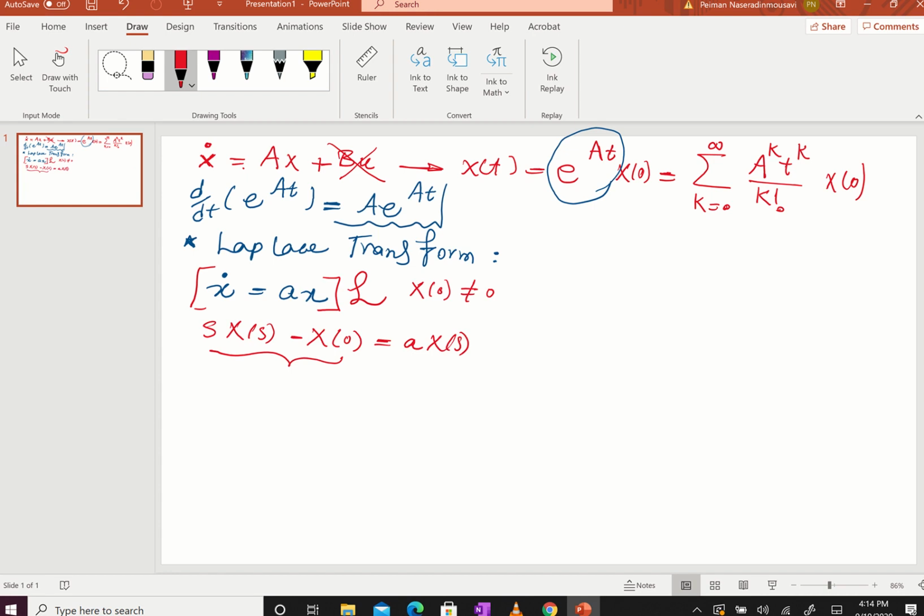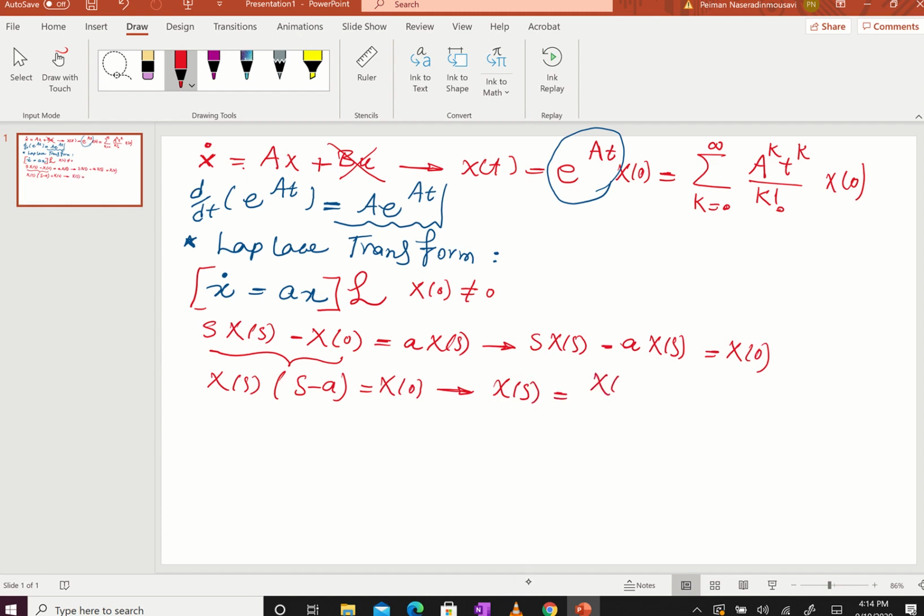On the other hand, you can write this as s X(s) minus a X(s) equals x at time 0. So X(s) is x at time 0 over s minus a. So the solution in the frequency domain is x at time 0 over s minus a, right?